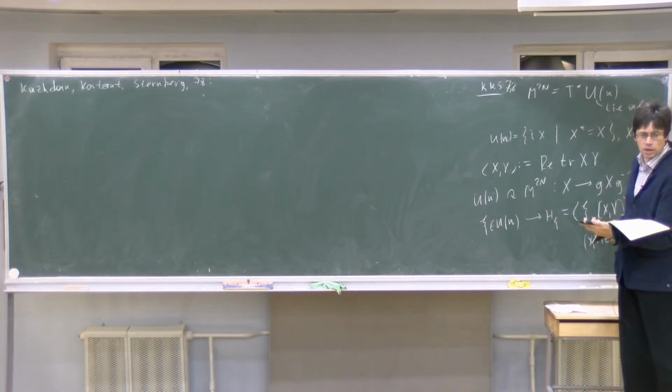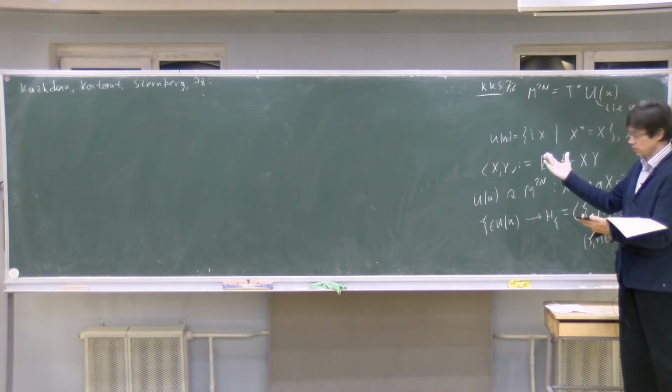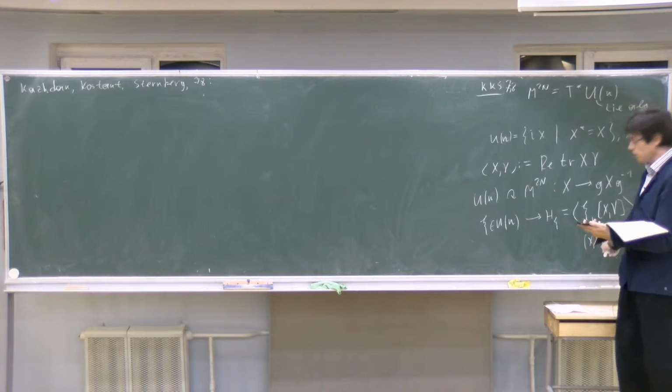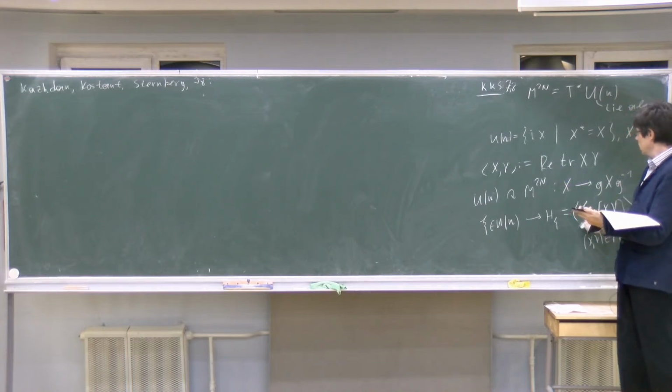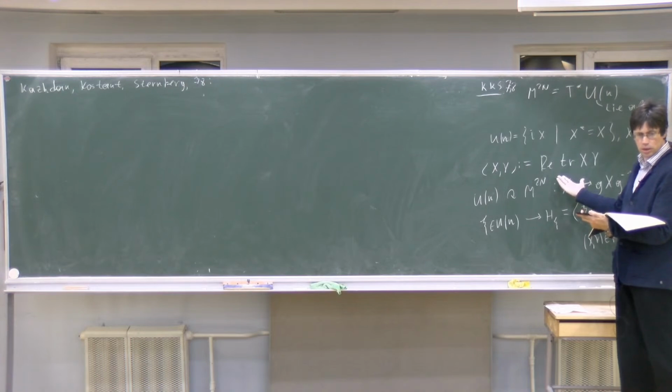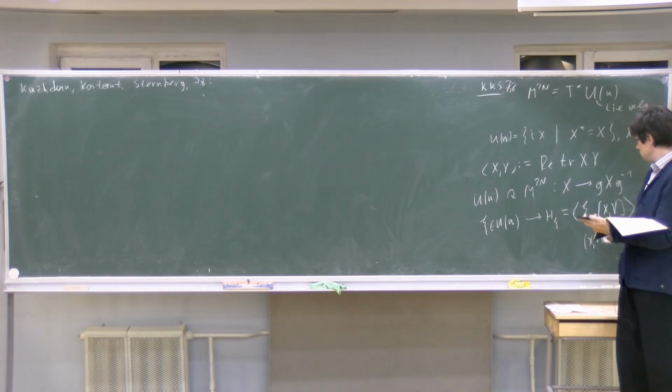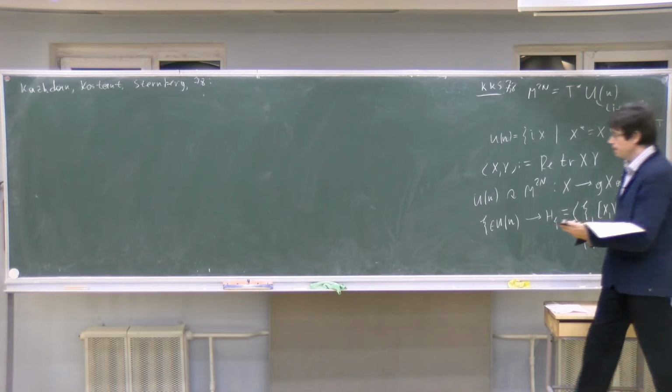X and Y is a pair consisting of elements of the same Lie algebra. We take the commutator, it's again an element of the Lie algebra, and then put it here. We obtain the function which gives us this number on this point XY.